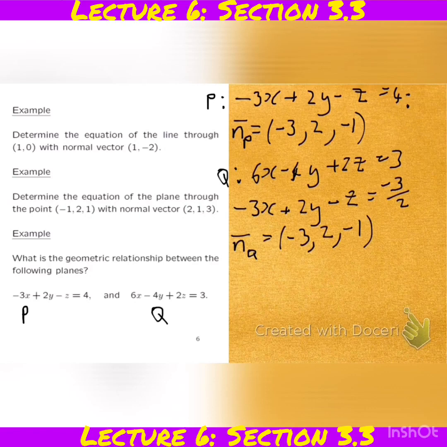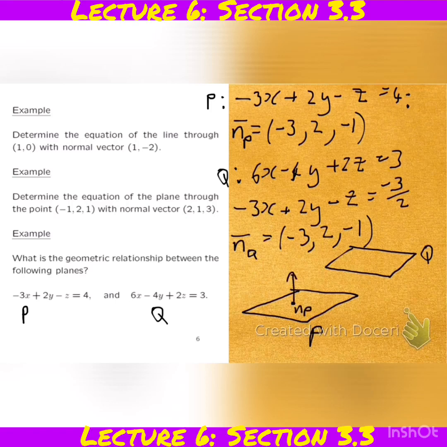Because if this is the plane P, a section of the plane P, and for argument's sake there's the plane Q, now we've got this normal vector here, which is NP, and there's the vector NQ.